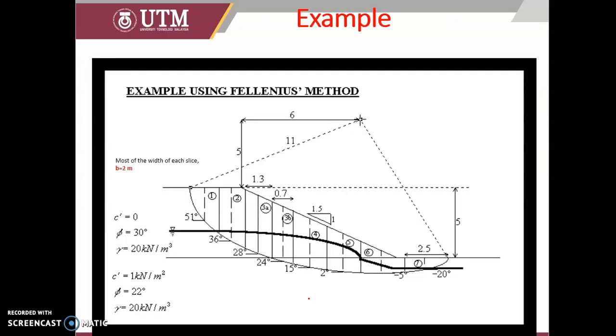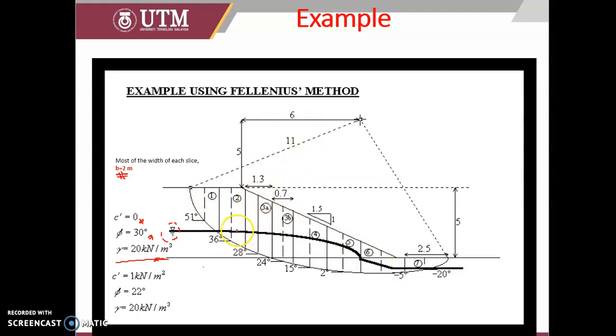Another example using the parallel slices method. In this one, the width is already set to 2 meters. Similarly, we have a groundwater table. The first layer has these properties, and the second layer of soil has these properties. Some of the slices use properties number 2, while most of the slices may use properties number 1.